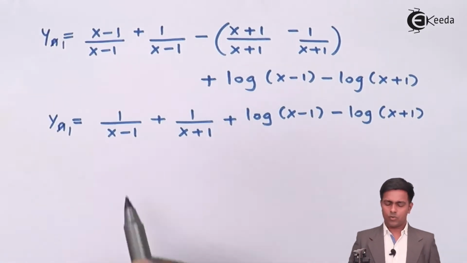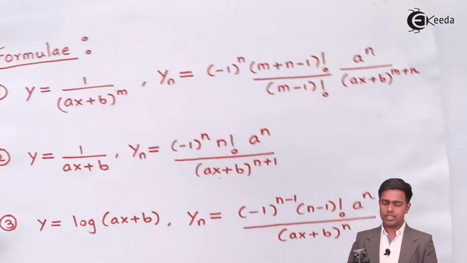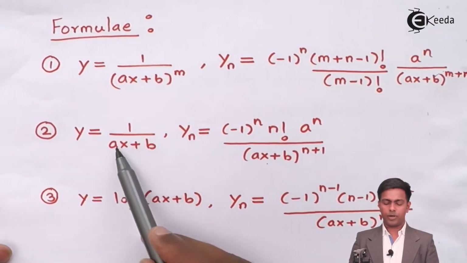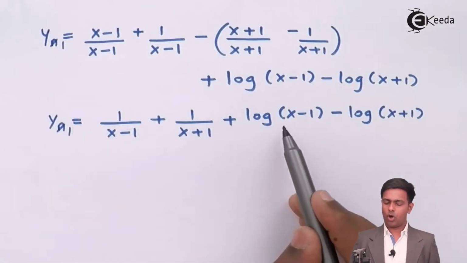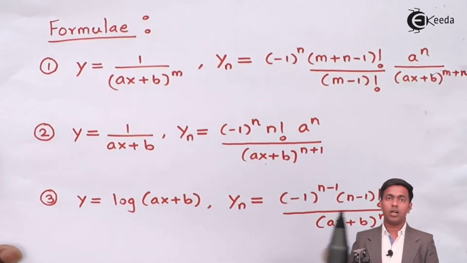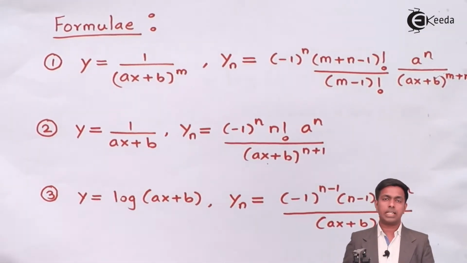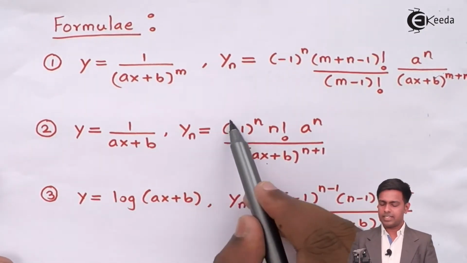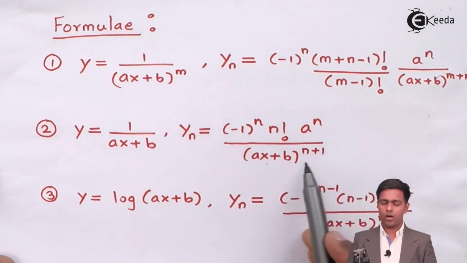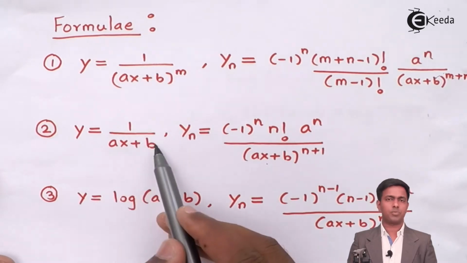So let's start. For 1 upon x minus 1 and 1 upon x plus 1, I'm going to use the second formula, that is 1 upon ax plus b, and for log x minus 1 and log x plus 1, I'm going to use the third formula. But guys, before applying the formula, you have to observe the function again. This is the value of the nth derivative if your y is 1 upon ax plus b.